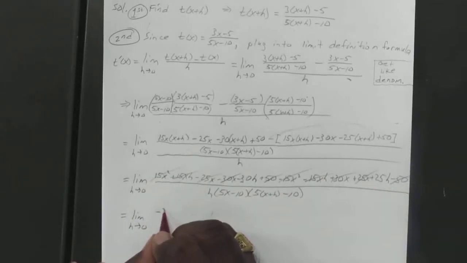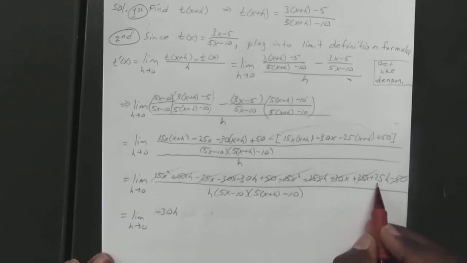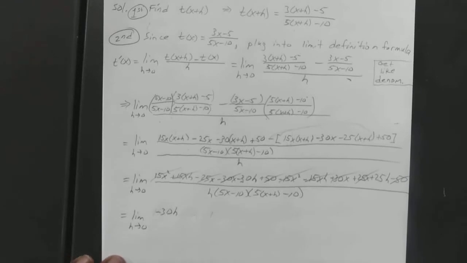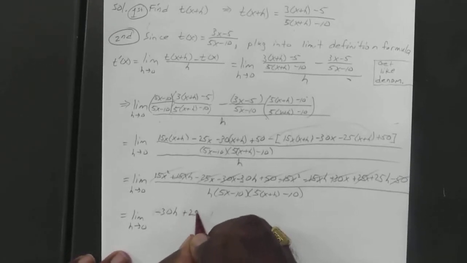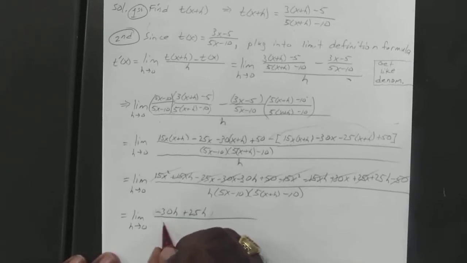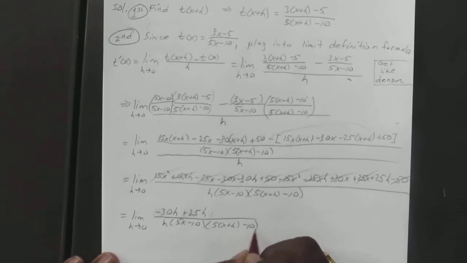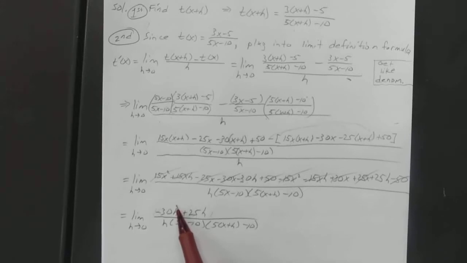So here you get minus 30h plus 25h, all over h times 5x minus 10 times 5x plus h minus 10. And you can just combine those two, which gives you negative 5h.